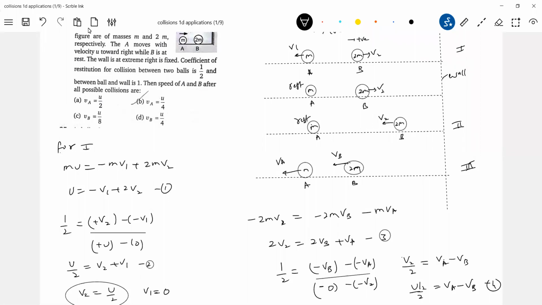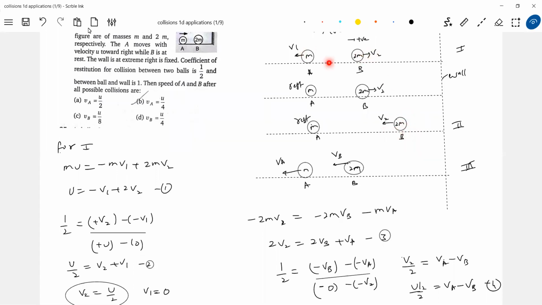You should not apply directly from the first and third. One more event occurred between. The ball B has to collide with the wall. That you cannot skip. You cannot directly write the conservation of momentum from this diagram to this diagram. Here one more event occurred, the second event, you cannot skip this.